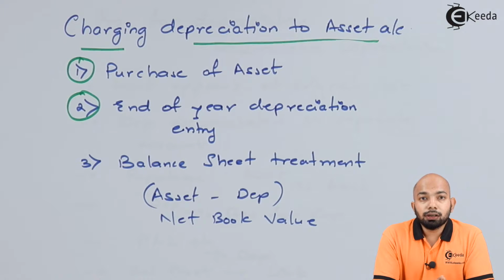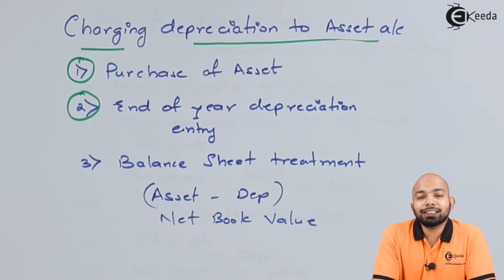Another point to remember here: you need to calculate depreciation from the time the asset has been bought. Even if the accounting year is stated from April to March, and the asset has been purchased in June, you do not calculate depreciation from April. You calculate from the month it has been bought, that means from June to March. The same thing applies for January to December.